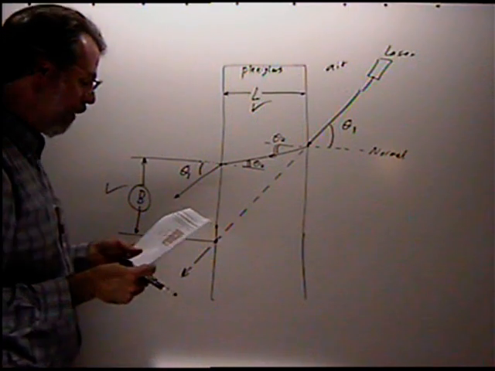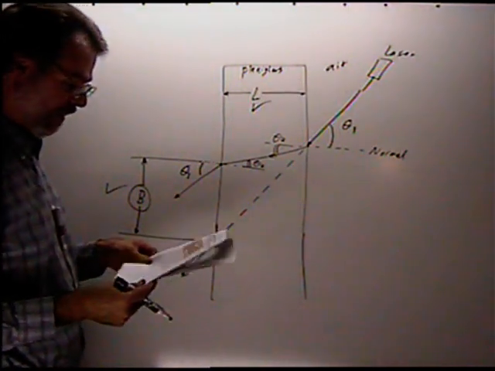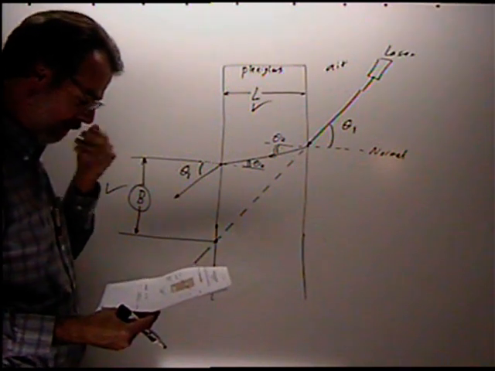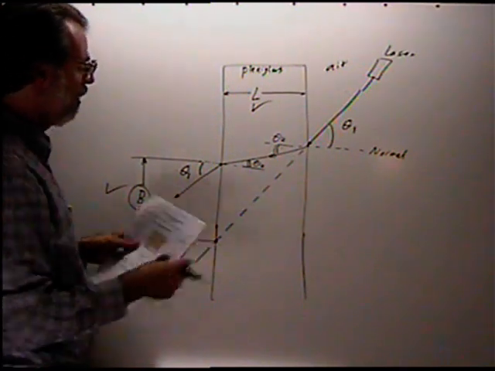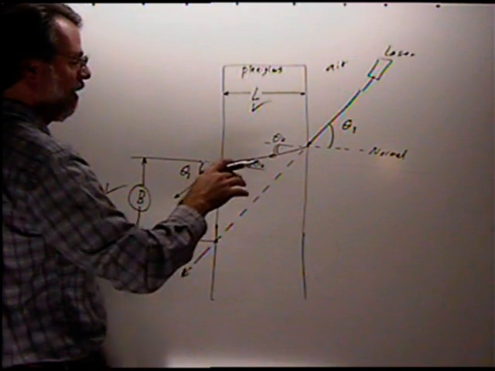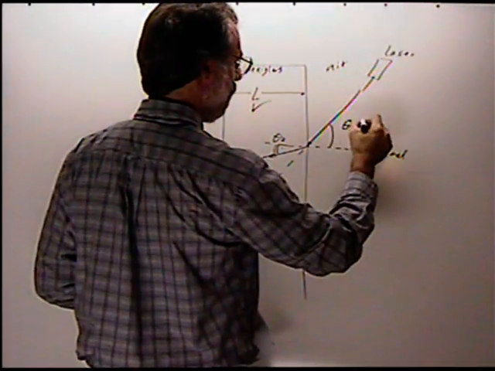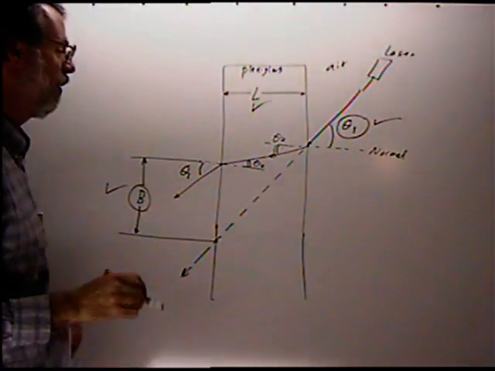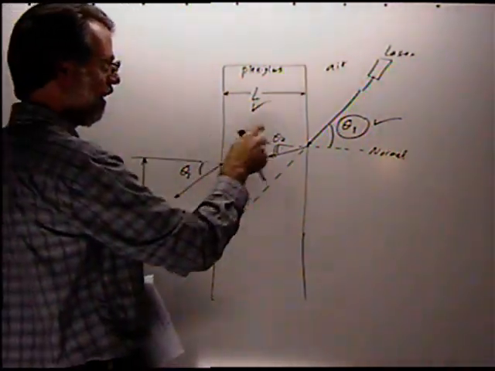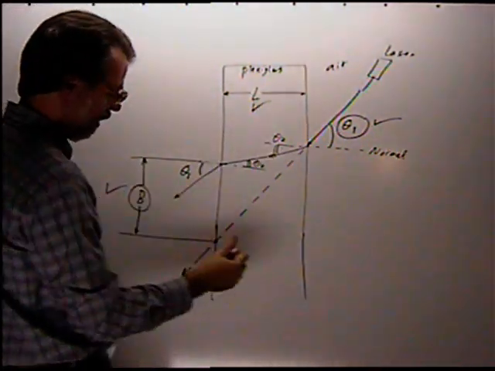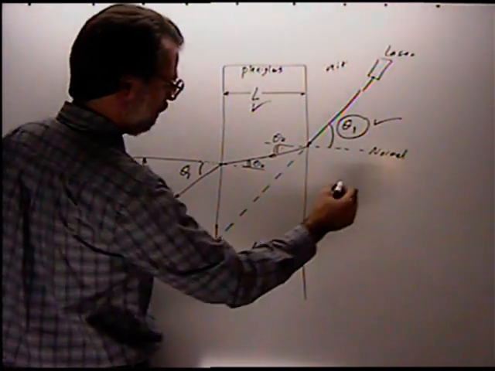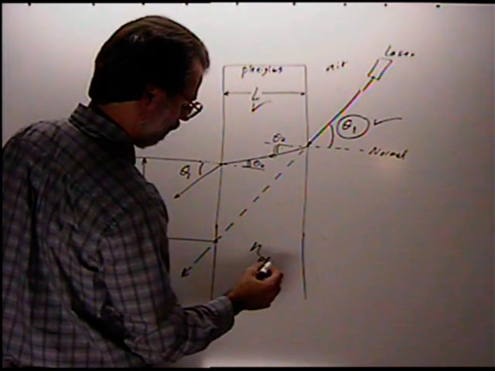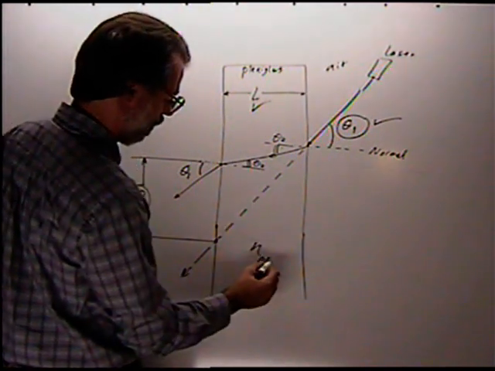And what I want you to do, using these measurements, and we measure this angle right here, theta 1. Now we don't know what theta 2 is, but we can measure this, and so the whole idea here is to measure the index of refraction of the plexiglass.